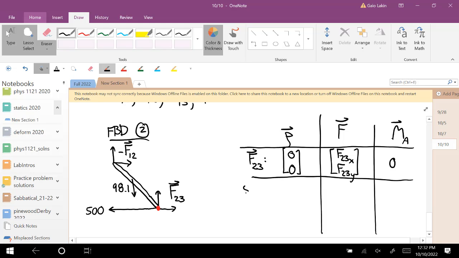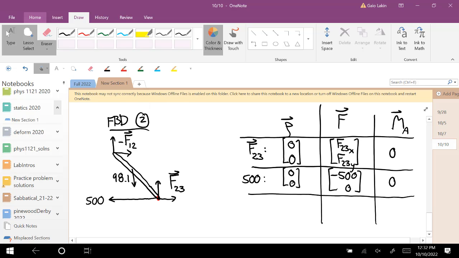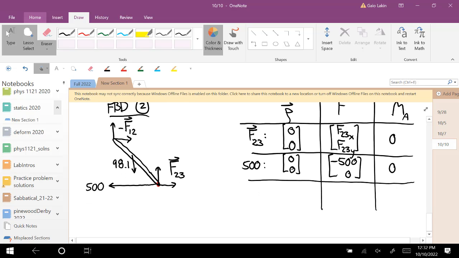Then the 500 Newton force. Rho vector is 0. The force is negative 500, 0. Cross is 0. Then the 98.1, the weight force.